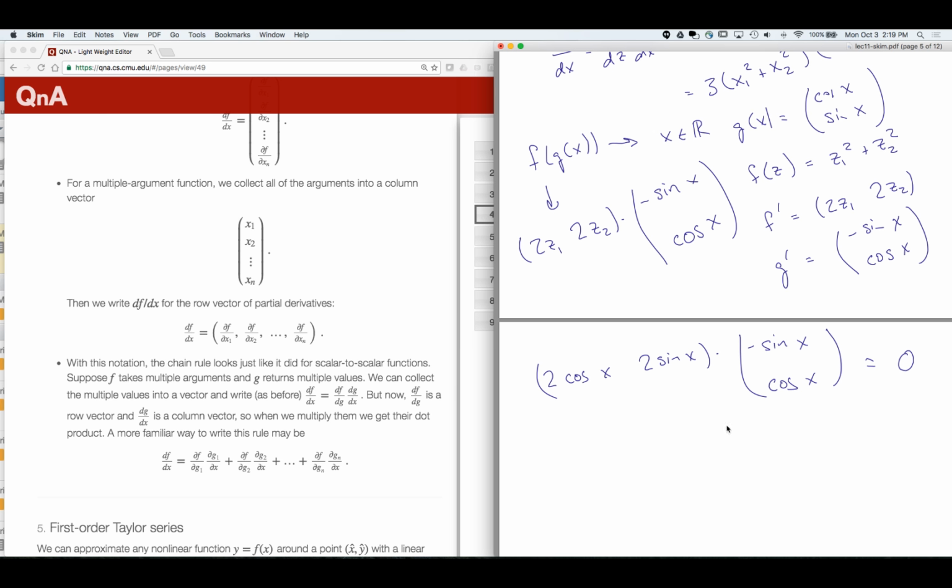And so, hey, the chain rule works, and I noticed it told me something that I should have noticed when I made up this example to begin with, that the derivative of a constant is 0.